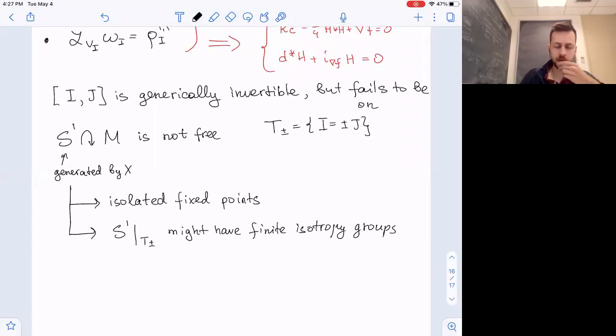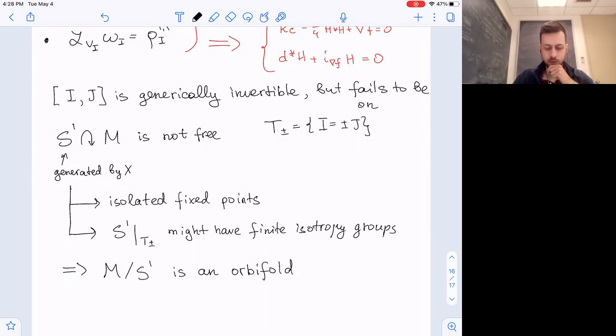And the main issue is that, in particular, if you want to consider the quotient space, which is really the main object which we'll be trying to recover, a priori it's just an orbifold. So we have to deal with orbifolds necessarily. And the examples which we'll construct will have orbifolds.